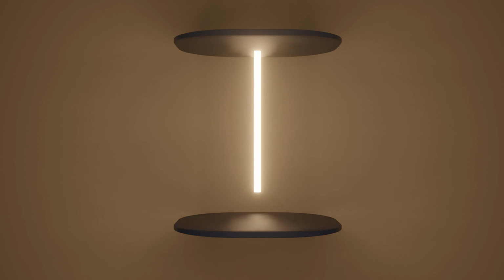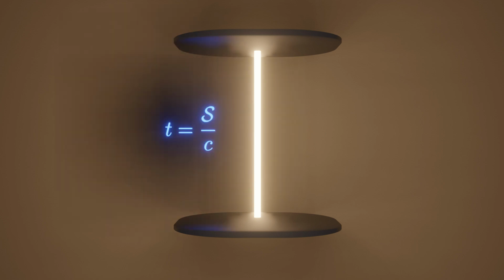Let the light beam move from top to bottom, and with S we denote the path that light crosses. Then the time it takes for light to cross path S is determined by t equals S over c. Of course, c is the speed of light.